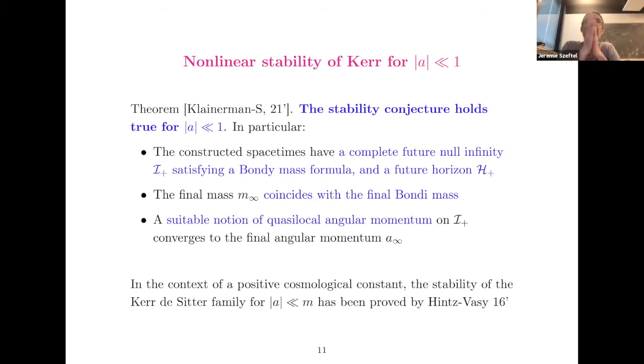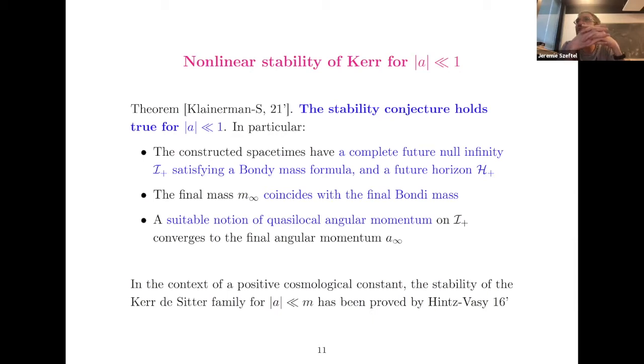Okay, let me, in fact, make connection with a different problem, which has some analogy and differences, which is the case of a positive cosmological constant. So I can take the same equations, but add a positive cosmological constant to the Einstein equations, in which case I also get a stationary solution, although different, which is called Kerr-de Sitter.